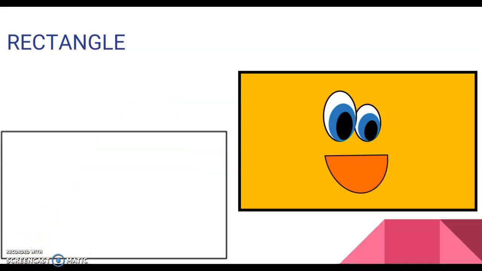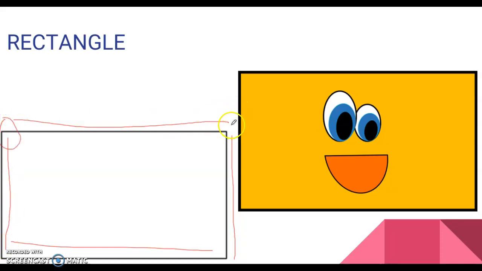Our next shape is a rectangle, and our rectangle has 2 long sides and 2 short sides. This shape also has 4 vertices because it has 4 sides.